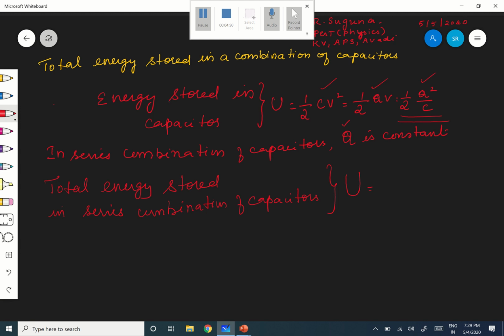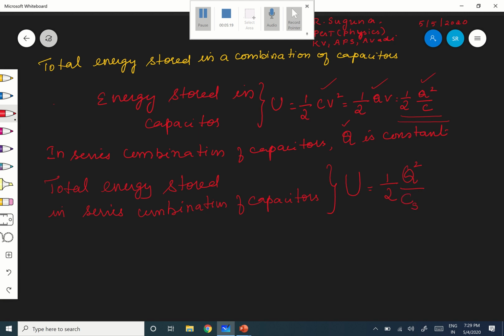Are you following? Therefore this is half Q squared by C, and Q is the total charge, which is nothing but the charge on individual capacitors. Therefore half Q squared, Q is constant, divided by the total capacitance of the series combination.